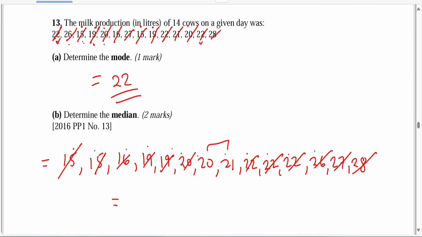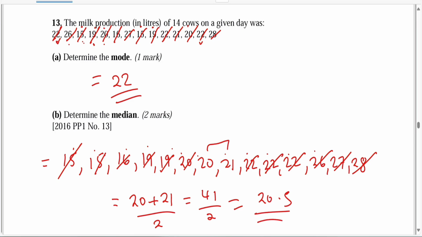To calculate the median, you add those 2 numbers and divide by 2, finding the mean of those 2. That gives us 41 divided by 2, which is 20.5. So that is a simple question.